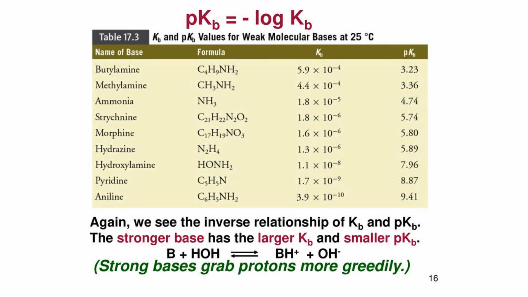Similarly, at the end of the table, aniline is the weakest base; its Kb value is the least, but its pKb value is the highest. So we can easily understand that the pKb value varies inversely with the strength of the base, but the Kb value varies directly with the strength of the base.